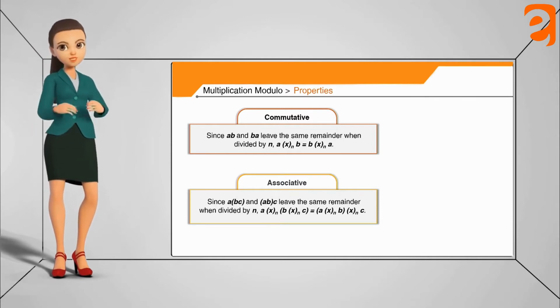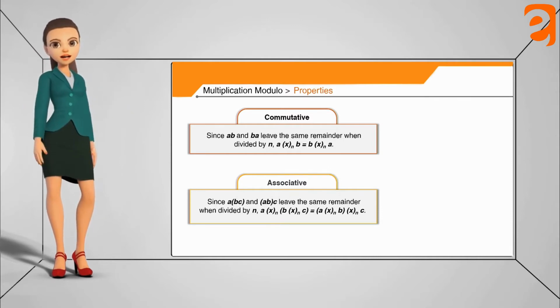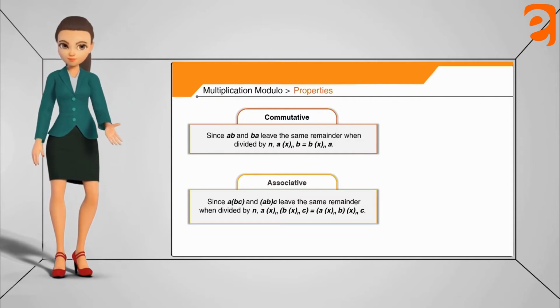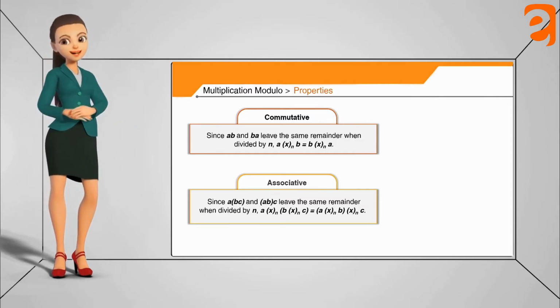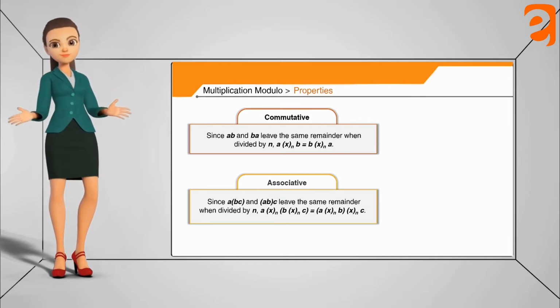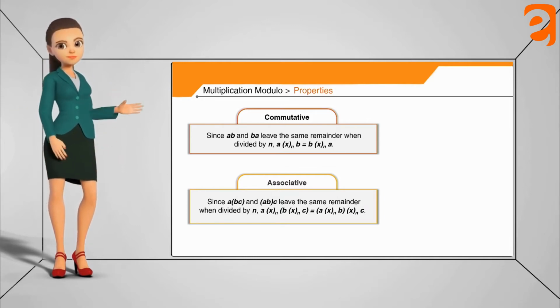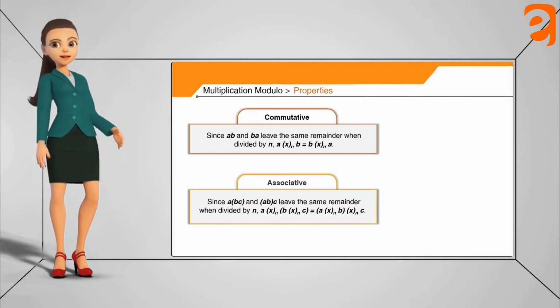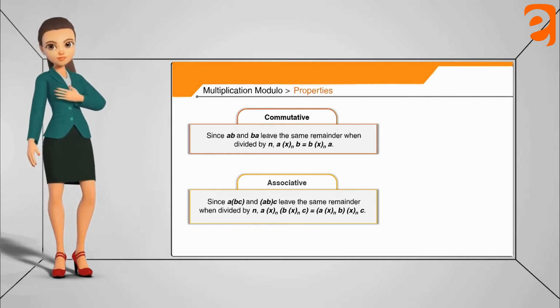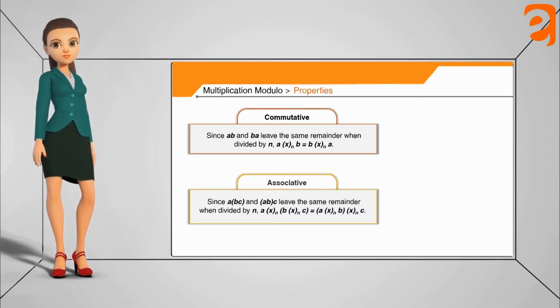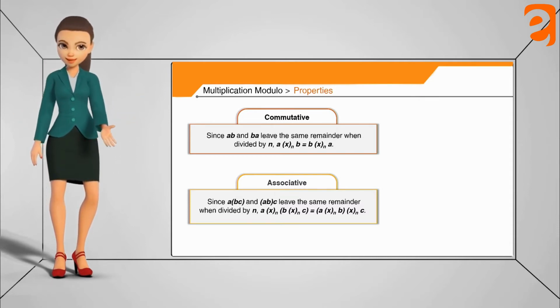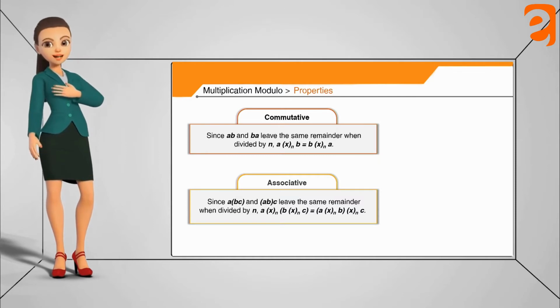Why? Because multiplication of integers is always associative. If you multiply 1 into 2, the result is 2, and 2 into 3 is 6, or first you multiply 2 into 3, the result is 6, and then multiply it with 1, it is always going to be the same. So the same number divided by the same number n always gives the same remainder. So this shows that multiplication modulo holds good for the associative law also.